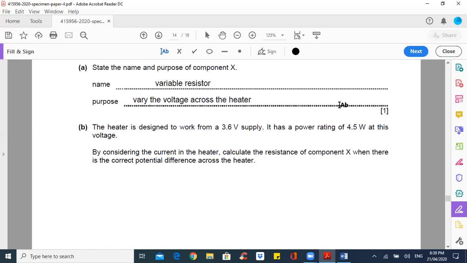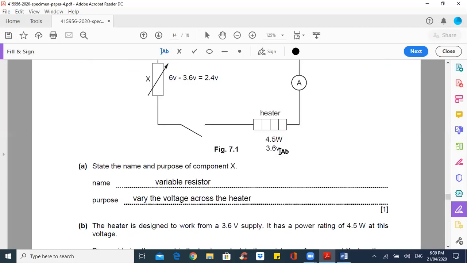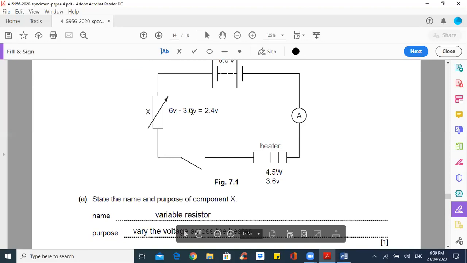They ask us now, at this voltage, by considering the current in the heater, calculate the resistance of the component X when there is a potential difference across the heater. If the heater is running at 3.6 and here is 6, then obviously this value here is going to be 2.4 volts, because you take the difference.